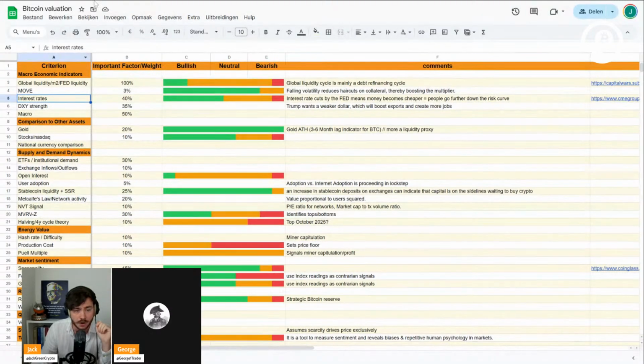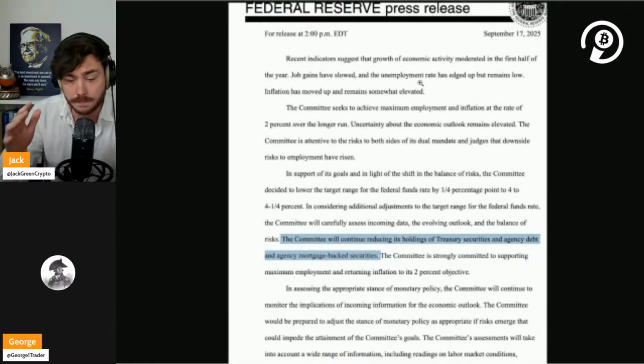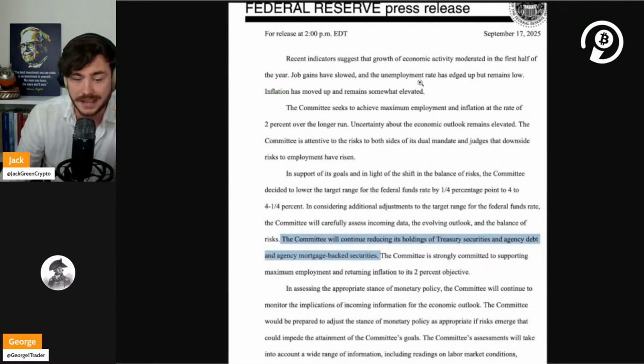And then next up are the, oh no, sorry, I forgot the Fed liquidity. So the Fed liquidity, this is from the US. Let me show this right here. And this is what we saw last week from the FOMC meeting, that the Fed is still in quantitative tightening.